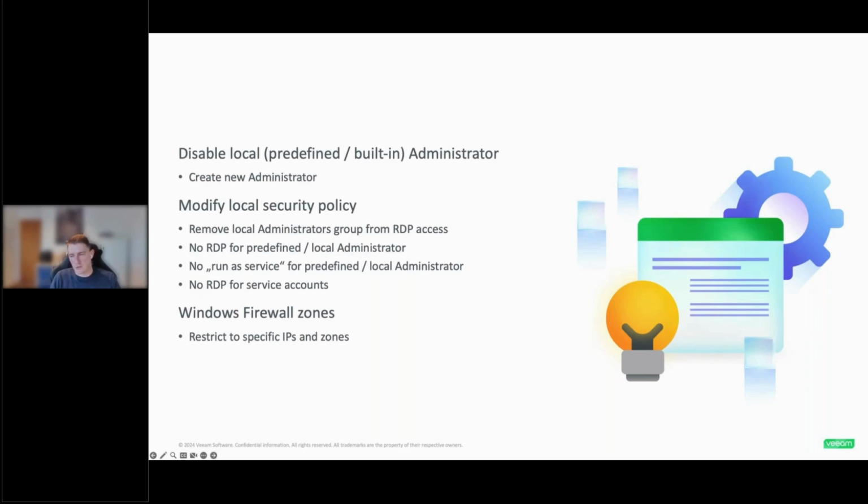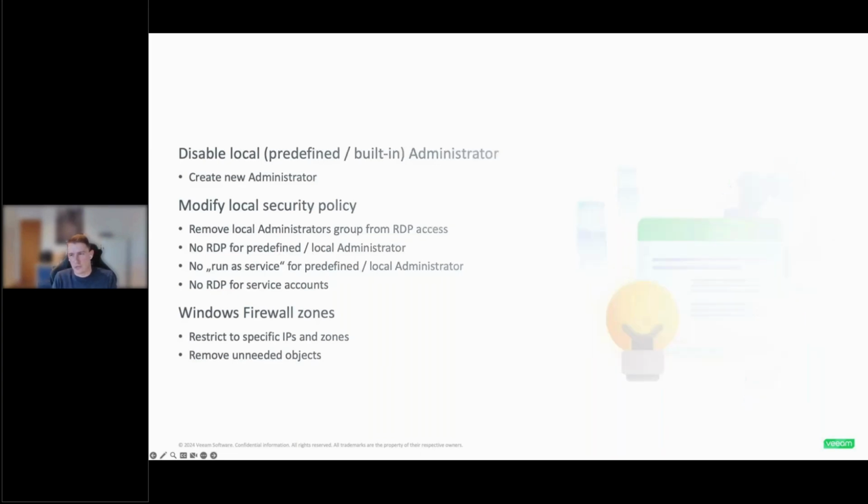So you can add your production subnets, your DMZ to that, depending on the architecture. You can also remove unneeded objects, and just as a spoiler alert, when you do Windows update, it's very likely that these deleted objects like Xbox Game Center, when we come to Windows Server 2016, will come back, but you could maybe just delete them again. That's just a general recommendation.